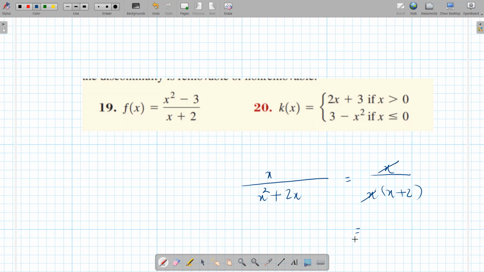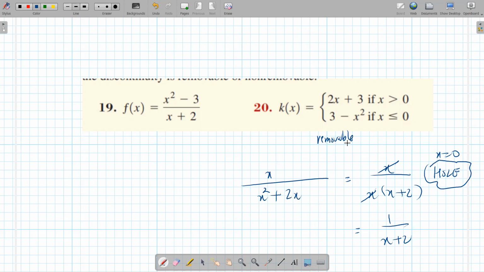And then we're left with 1 over x plus 2. So what this means is that at x equals 0, it would have been one of the asymptotes, but since the numerator canceled out with the denominator, there's a hole in the graph. And that is a removable discontinuity.